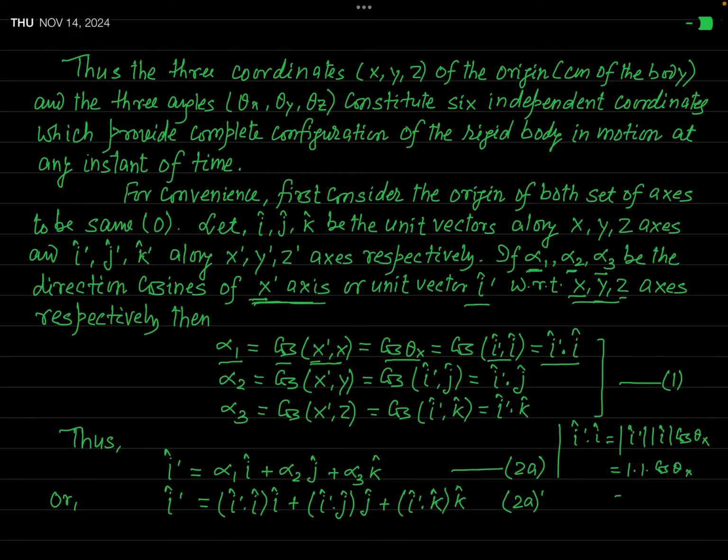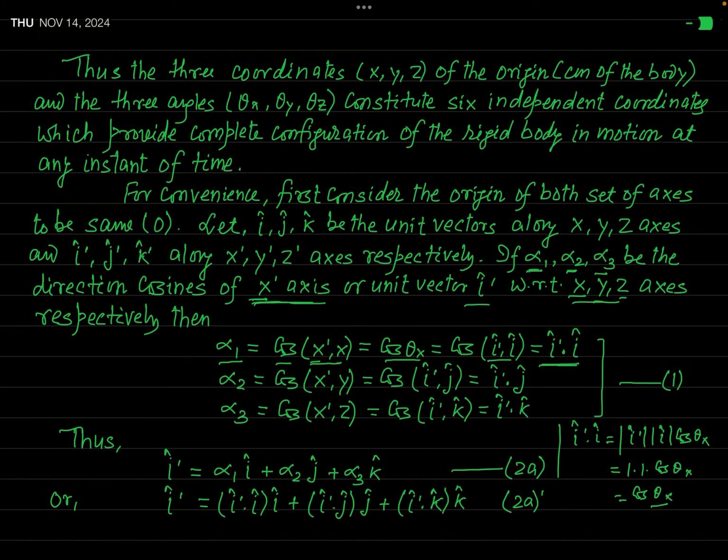So this is simply equal to cos theta x. And this theta x is also written by the symbol x prime comma x or I prime comma I. Okay, so it is possible to write this direction cosine alpha 1 as the scalar product of I prime with I.